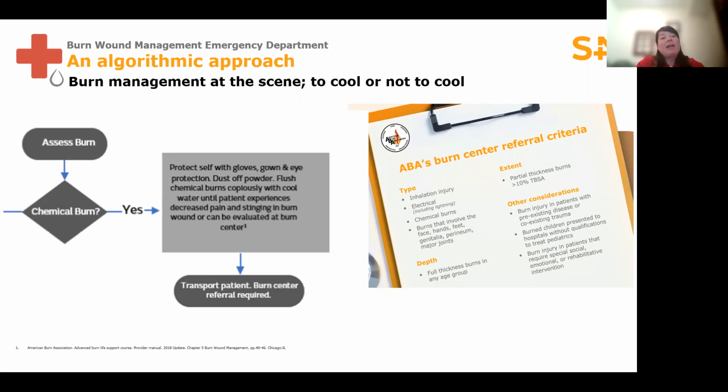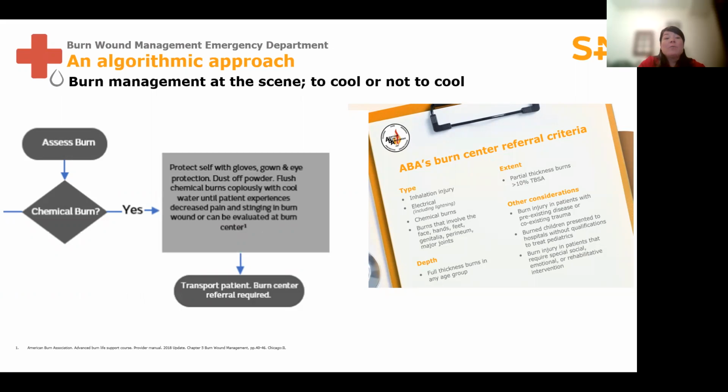Starting at looking at what is the type of burn. So if it's a chemical burn, then that is automatically a burn injury that requires transfer to the burn center. However, in the meantime, whether it's at the scene or in your emergency department, it is really important to protect yourself from the chemical with gloves, gown, eye protection, and also before flushing off the chemicals to dust off any powder.